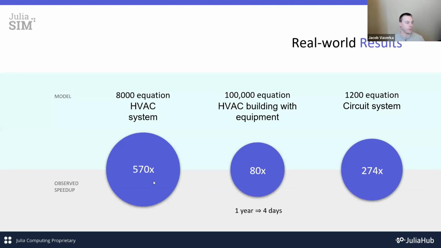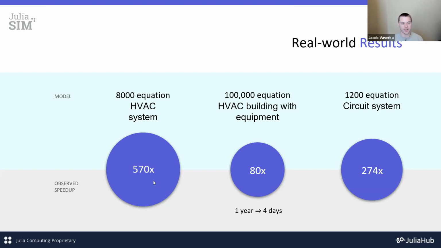So taking that same 8,000 equation system, but ramping it up to over 100,000 equations. And this is a scalable building model with equipment. For reference, this is something that with current tooling is about real time. So we were able to achieve an 80 times speed up, and 80 is a lot less than 570.